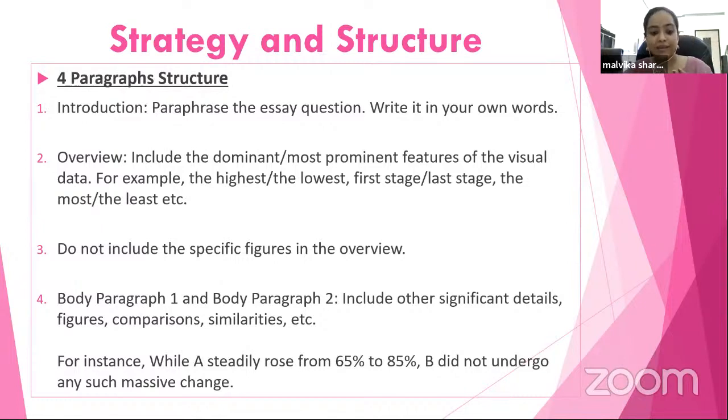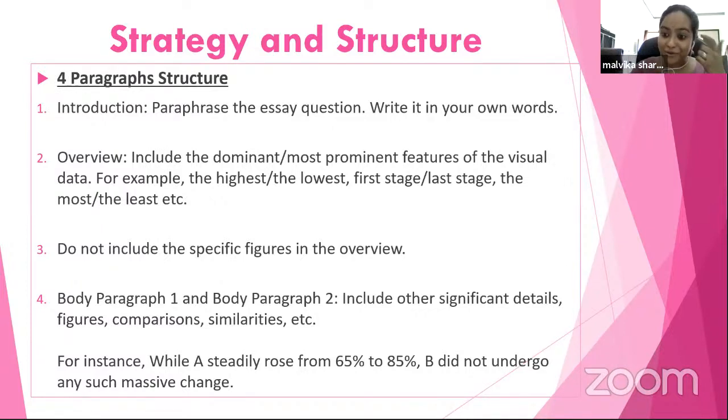If something is rising, for instance, A is rising from 65% to 85%, that is, of course, important. But B is showing no change. It is not undergoing any such massive change. So we will include that. Of course, we will use the language in such a way, but all the figures like percentage and comparative figures and similar things are to be a part of our body paragraphs.